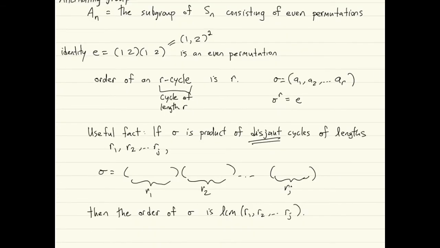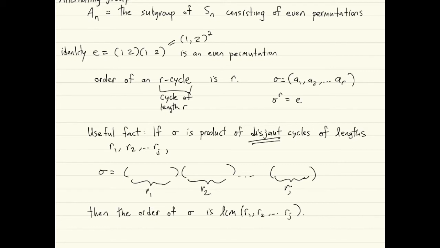And then a useful fact that's a simple consequence is that if sigma is a permutation that is a product of disjoint cycles, we've seen in a previous video how to write any permutation as a product of disjoint cycles. And if those cycles have lengths r1, r2, up to rj, so sigma is a cycle of length r1, a cycle of length r2, and so on, and again, what's important is these cycles are disjoint.